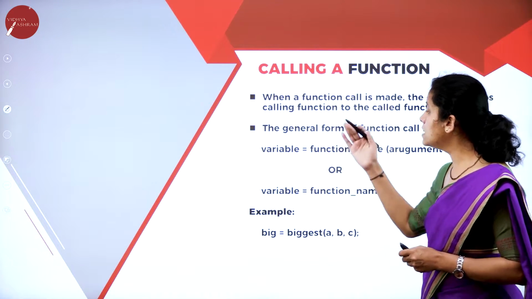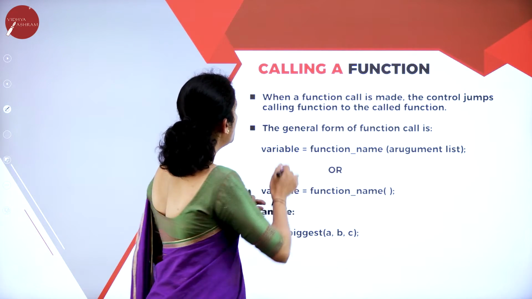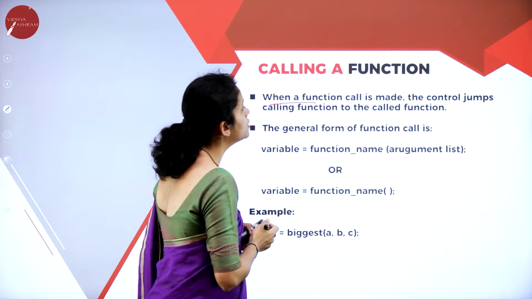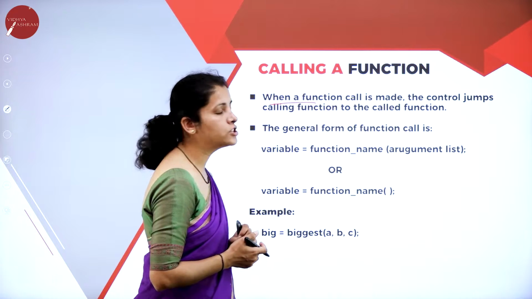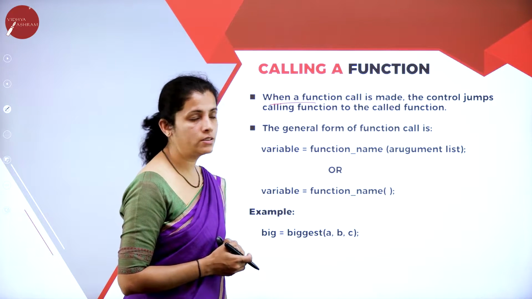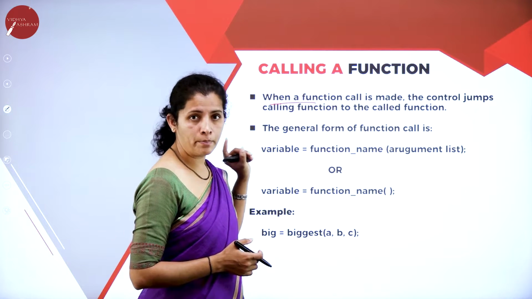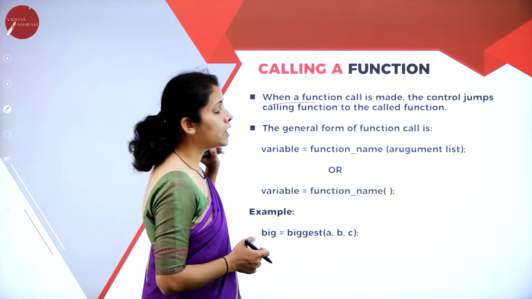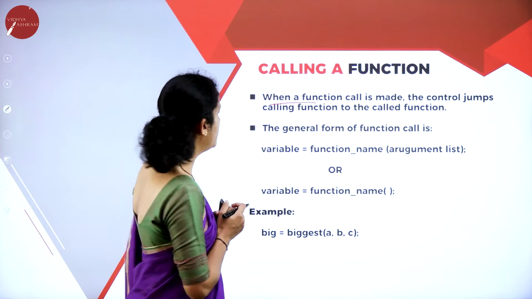So this is the general syntax I'm going to have here. When a function call is made, the control jumps from the calling function to the called function. That means when I call a function name in my program, the control jumps from the calling function to the called function.